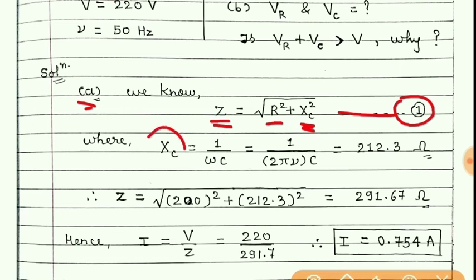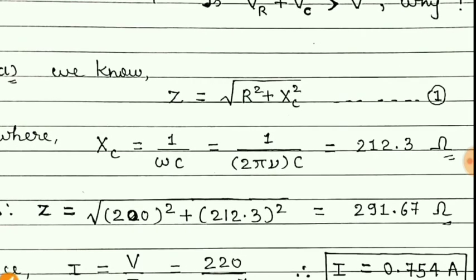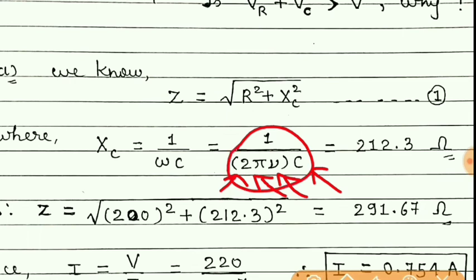Now first we will find Xc. Now we know that Xc is 1 upon omega C, where this omega is equal to 2 pi nu. Now just put the given values here: 2, then this pi is 3.14, frequency is 50 Hz, and the value of C which is given. After calculation, you will get 212.3 ohm, that is value of Xc.